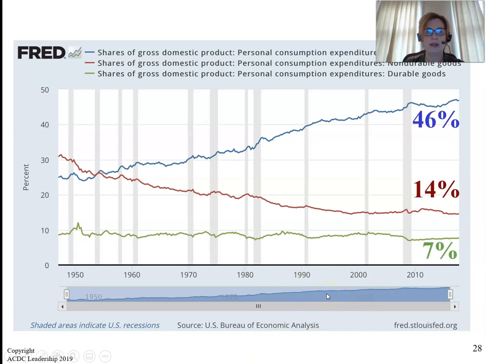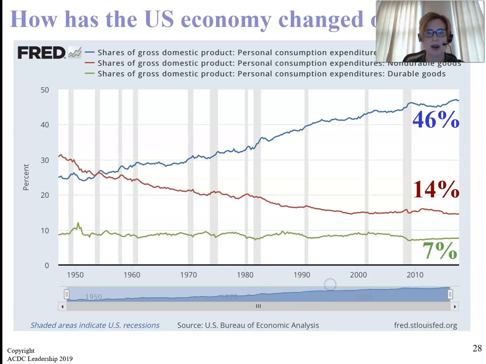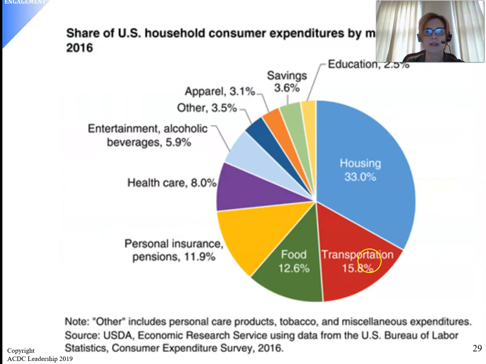Over time, the amount of money that consumers are spending on services has grown substantially, and that is the largest part. And here's a graph of household consumer expenditures by major categories.